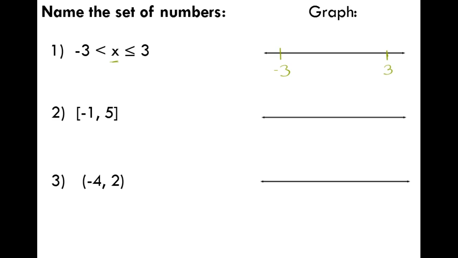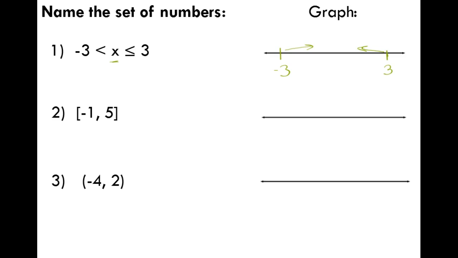I don't worry so much about trying to make the scale because those are the only two values that matter. And then I have to shade in or indicate where x lives. Since x is greater than -3, I want to go that way. And it's smaller than or equal to 3, so I want to go that way.